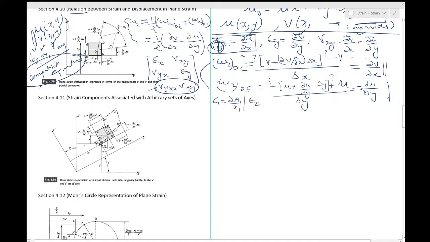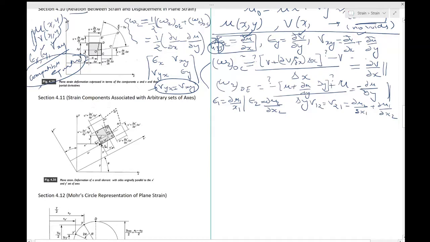The second one you would write as dou u2 by dou x2. Okay, u2 is v, x2 is y, and similarly gamma 12 or gamma 21 will be equal to dou u2 by dou x1 plus dou u1 by dou x2.